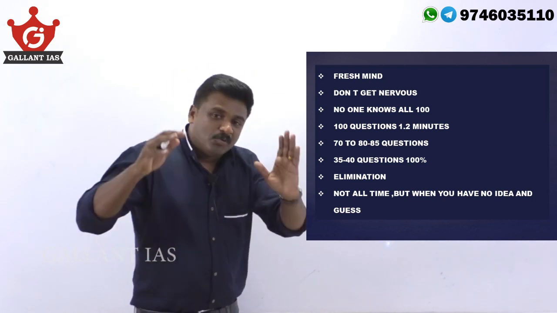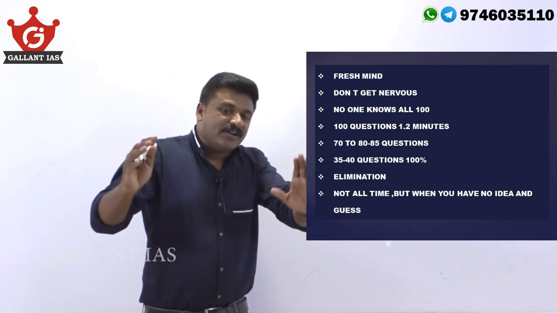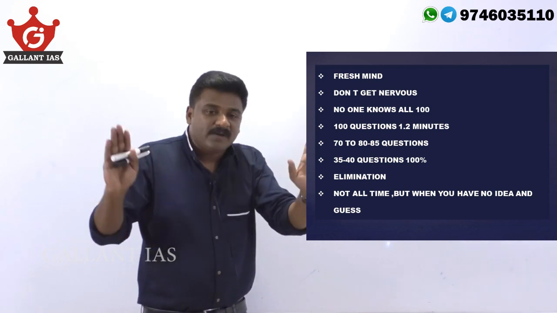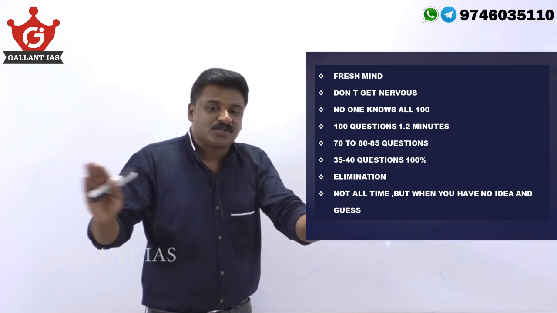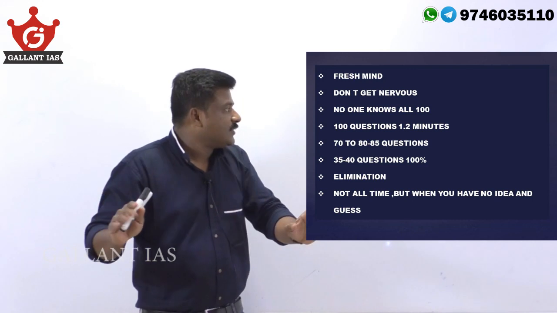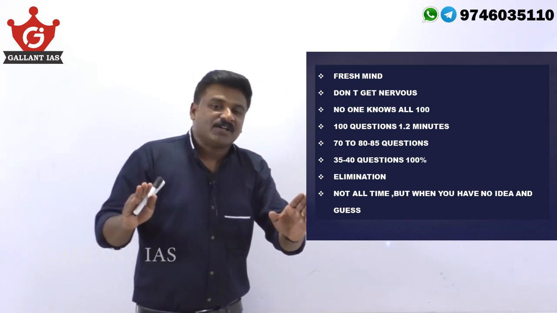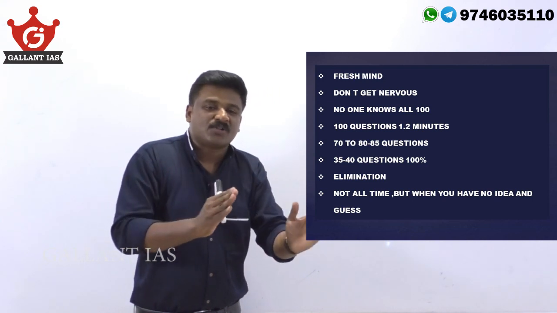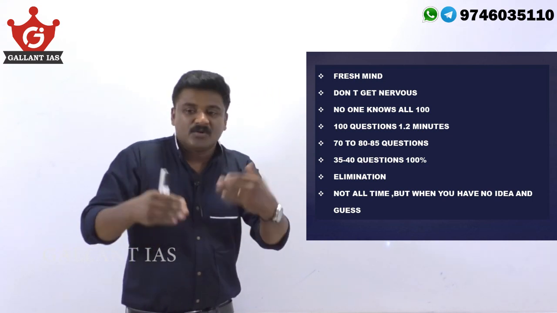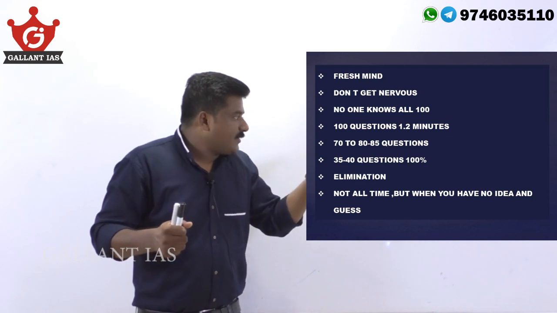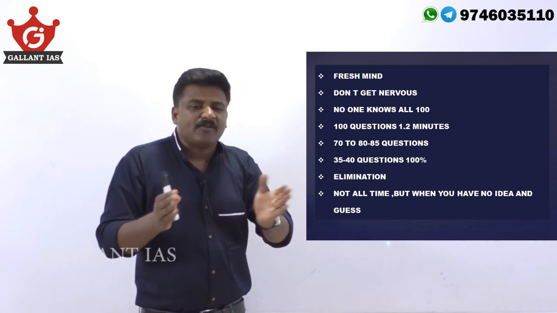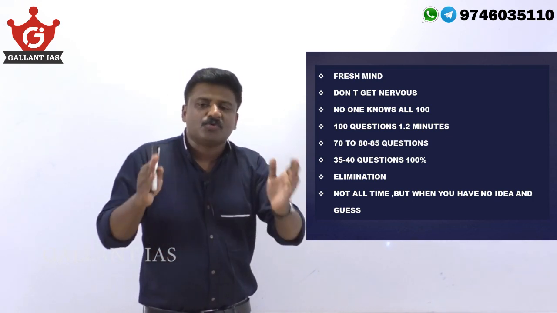Now here, I would give you some common ideas. Whenever you enter the examination hall, be with a fresh mind, a cool, relaxed mind. Don't be tense, don't be nervous. And take care that 100 questions are there. Definitely, you have to attempt something around 70 to 80 questions minimum in order to qualify the cutoff. And out of which, maybe 35 to 40 or 40 to 50 questions you know very well.